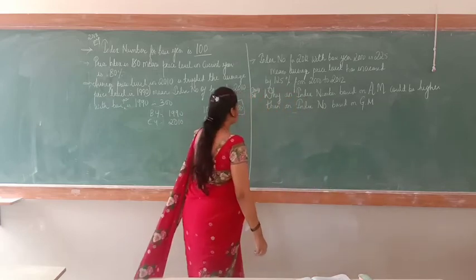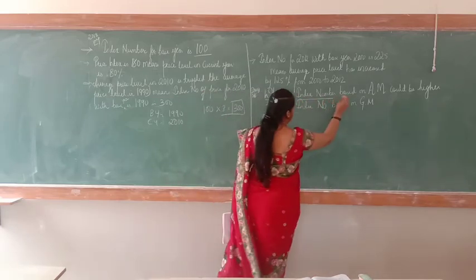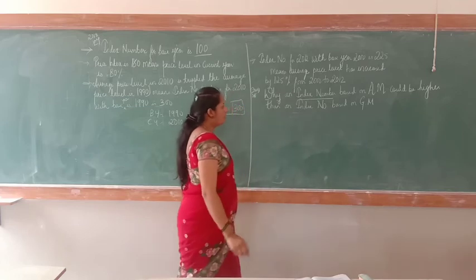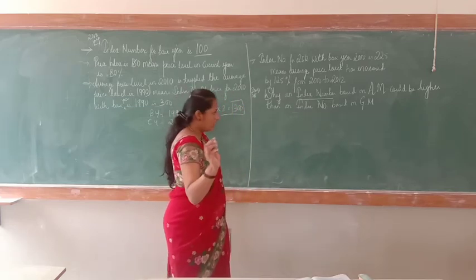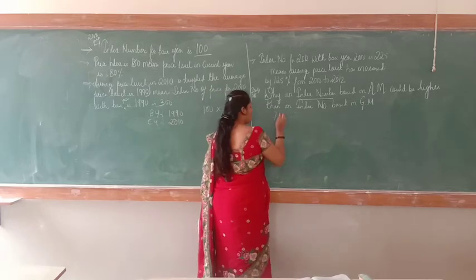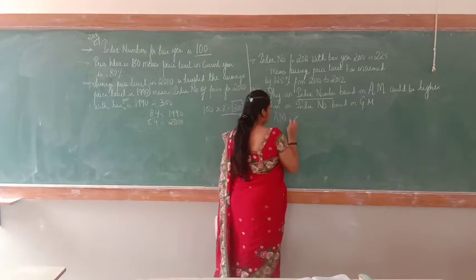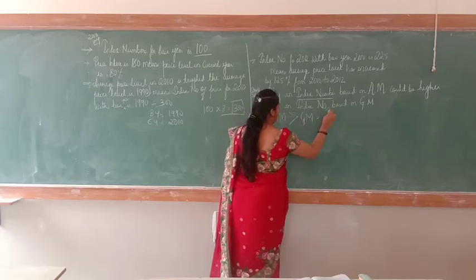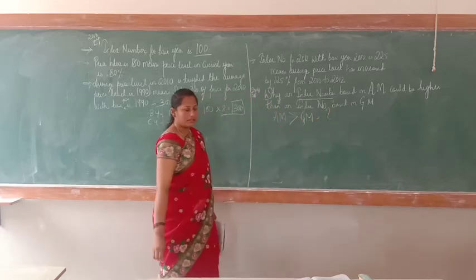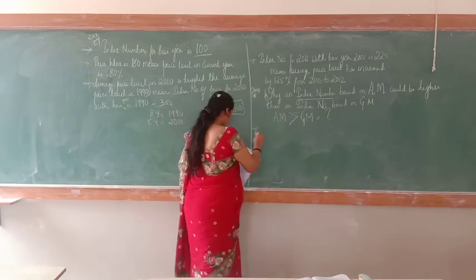My question is, why is the index number based on arithmetic mean higher than the index number based on geometric mean? It means the arithmetic mean index number is always greater than the geometric mean. They have asked this question. So you have to write like this.